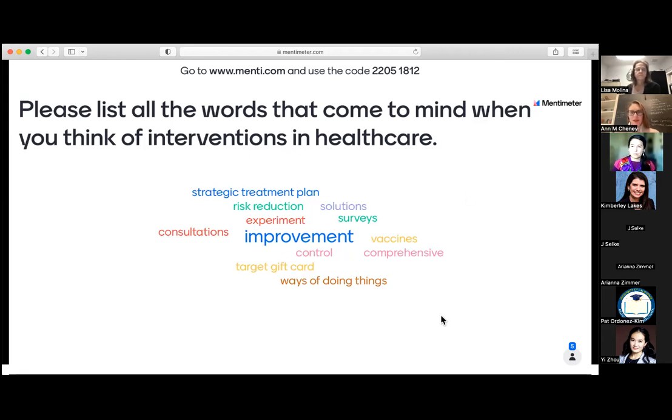Okay, so let's take a moment to talk through these. So when we have target gift card, which makes me laugh a little bit, but it's very important because that suggests to us that we likely are giving a target gift card to someone. So this is an example of an incentive in clinical research. Clinical research involves humans.